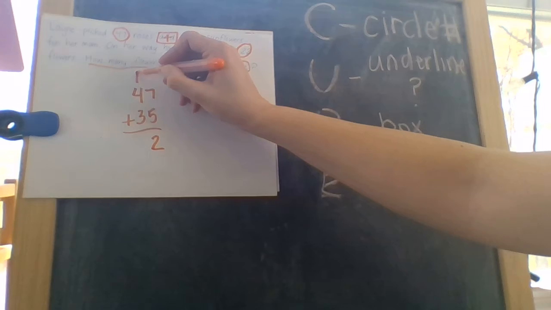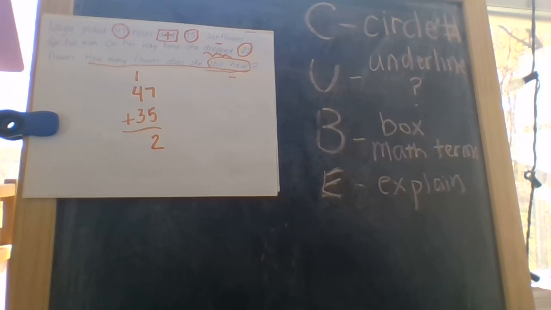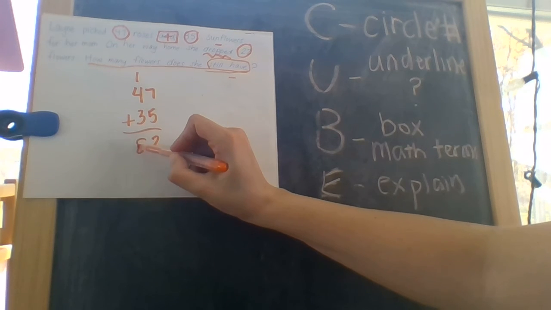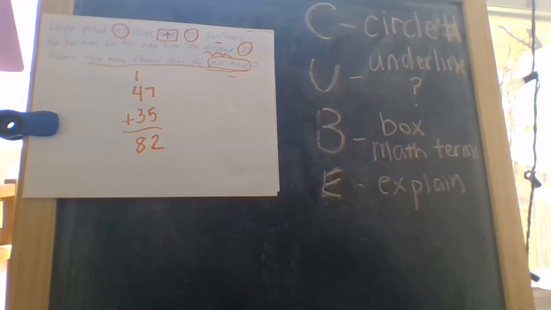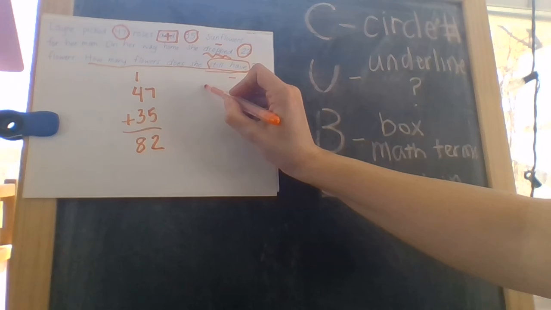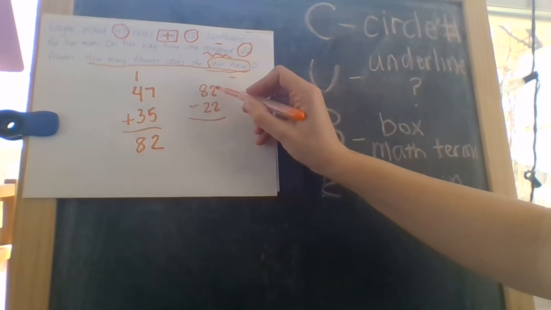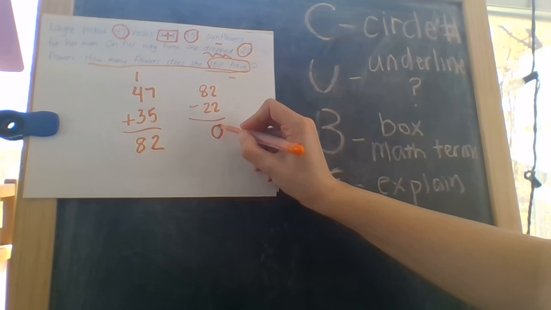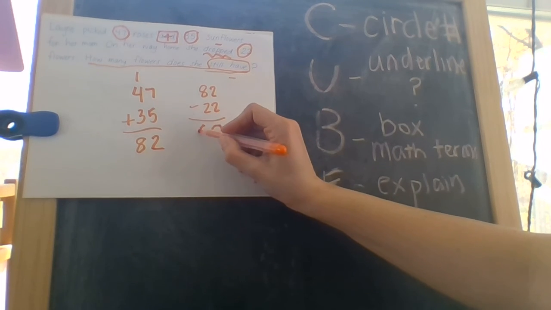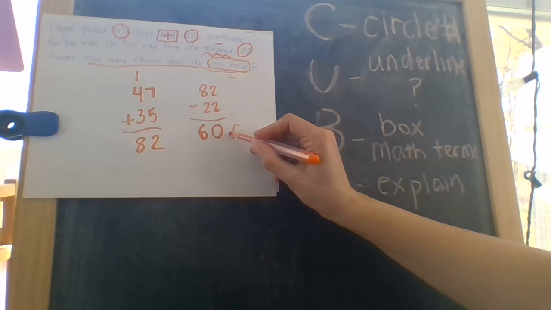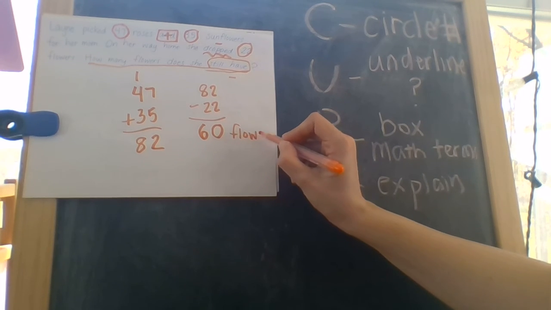Place down my 2, carry my 1. 1 plus 4 is 5, plus 3 is 8. Not done though, because I have to subtract what she dropped. 82 minus 22. 2 take away 2 is 0. 8 take away 2 is 6. 60 flowers.